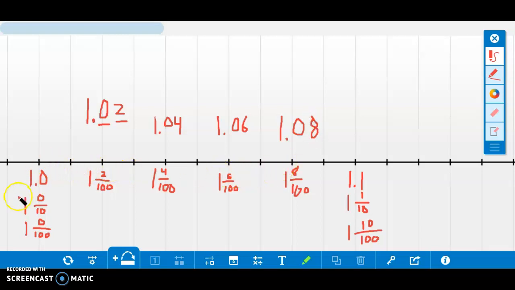So showing between 1 whole and 1 1/10, I'm showing that there are equal spaces, and that's instead of being in the tenths place, I have my parts in the hundredths place, because this is even smaller than a tenth.